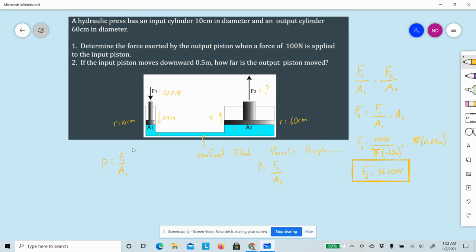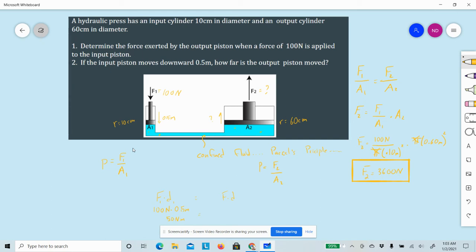Well, we can think about this in terms of conservation of energy. We don't create or destroy energy, and we can think of it in terms of force by a distance over here, force by a distance over there. 100 newtons by a distance of a half a meter. So the work done over here is 50 newton meters.